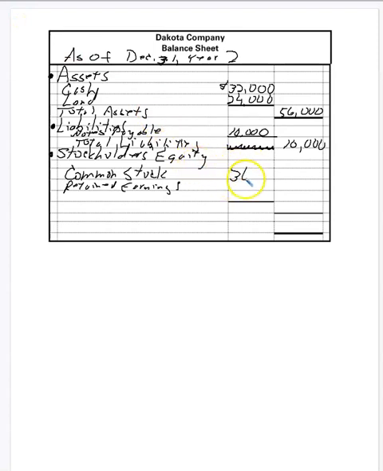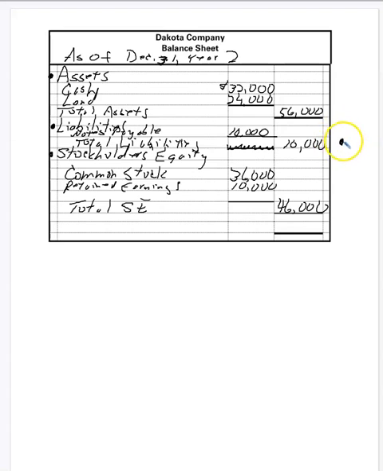So 36,000, 10,000, and again, I'm off on this particular chart. Total, and I'm going to abbreviate stockholders' equity SE. Those two total 46,000. I'm off a row, you can tell, but that's okay.